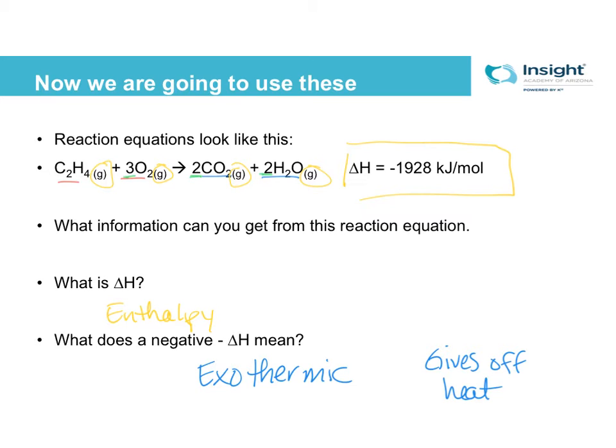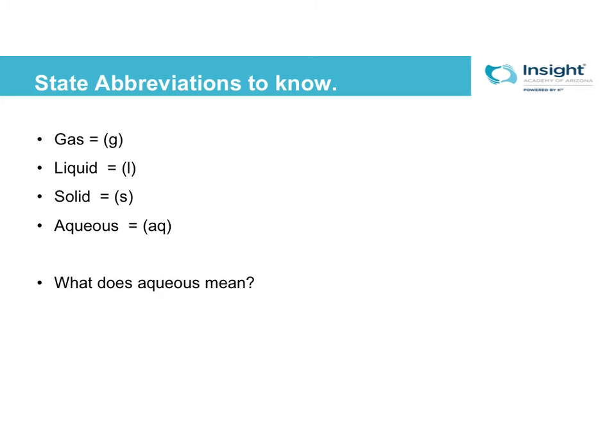Alright, so thermochemical equations are going to give you some more details. So, the state abbreviations, there's the 3 that you are familiar with: gas, liquid, and solid. Alright, so G, L, and S. But you will also see the term AQ, which stands for aqueous. What does that word make you think of, aqueous? If it makes you think of Aquaman and water, that's a good thing.